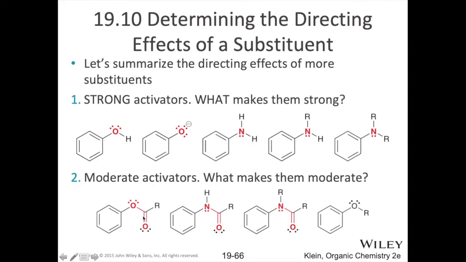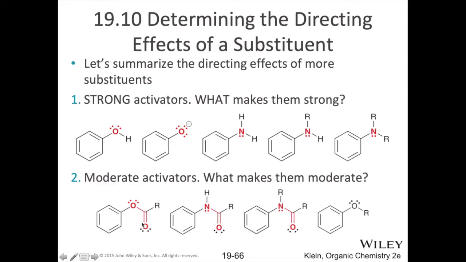This carbonyl can have its pi electrons pushed onto the oxygen, giving it a negative formal charge, and that would cause these electrons to not only go towards the ring, but they could also be pulled away from the ring in this way. And so this is not as strong an activator as here, where those electrons only go towards the ring. Here they can also go towards that carbonyl.